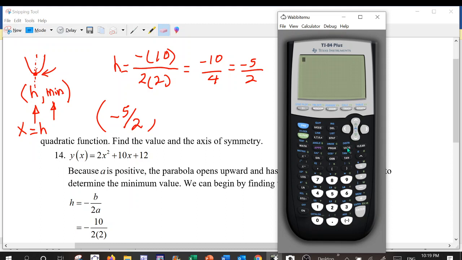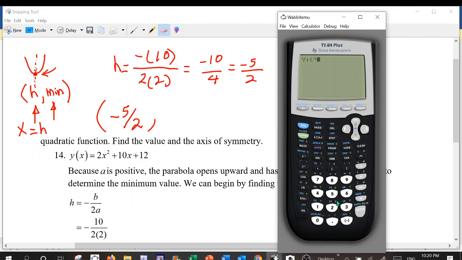Go to variables, then y variables, then function. The first one is y1, and then we put parentheses. We want to find f of, here it's called y of, negative 5 over 2.